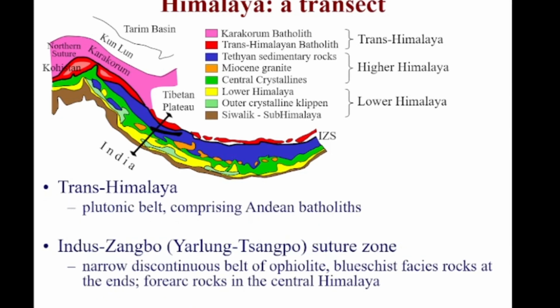So now we have covered Trans-Himalaya a bit from north to south, a plutonic belt comprising Andean batholiths. They were the extrusive rocks. And this suture zone, a narrow discontinuous belt of ophiolites, blue schist. Why? There was a huge collision between these. So the ophiolites are also a part of that, or what we say the blue schist facies, the metamorphic.